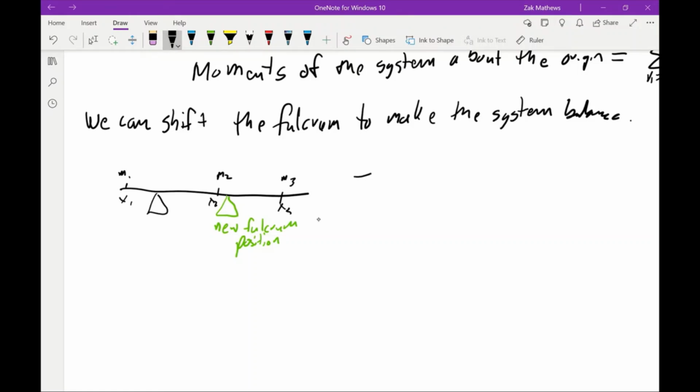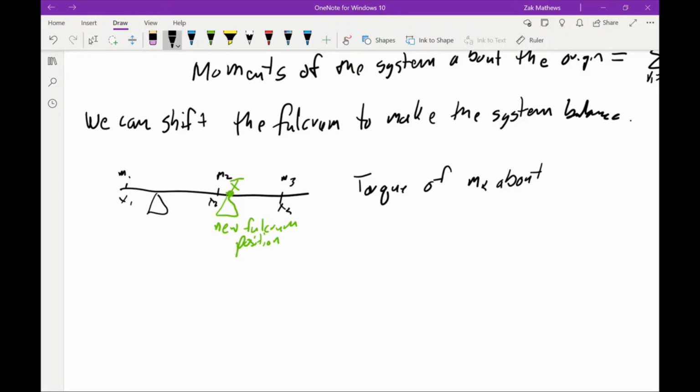So the torque of mk about, well, let's define this new fulcrum point. We need a number for it. Let's define it as x bar. So x bar is going to be that new fulcrum point. Then we can calculate these new torques.